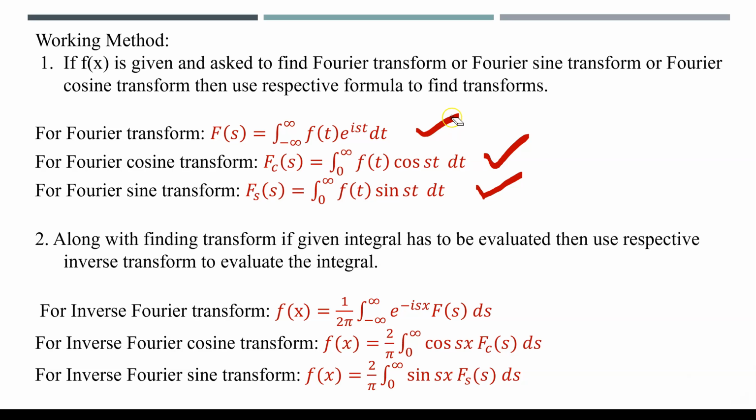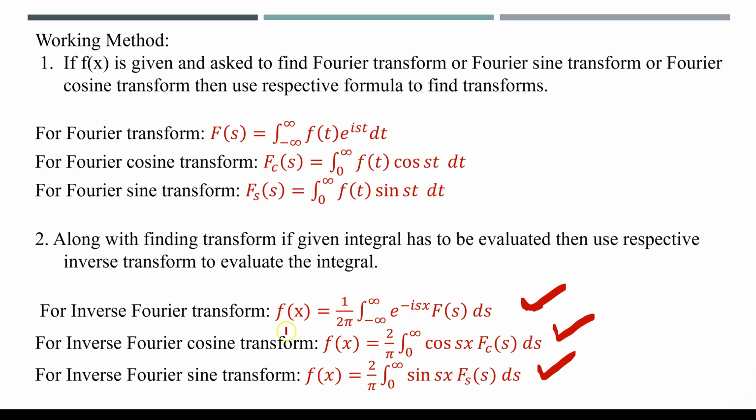Now if you find any sub question within that question, that is, after finding this Fourier transform, if you have to evaluate the value of any integral, then after getting that Fourier transform, using the formula of the inverse Fourier transform of the respective transform, we evaluate that integral. So to evaluate the integral, we use any one of these 3 according to the given question.